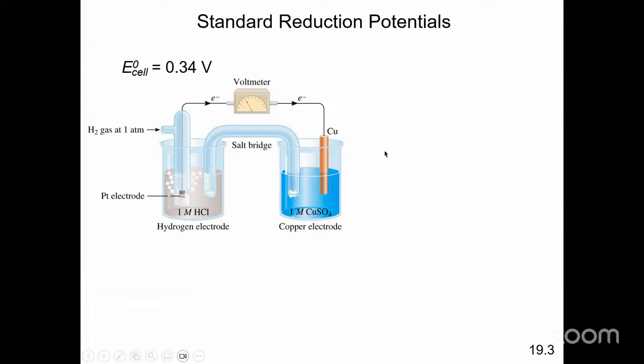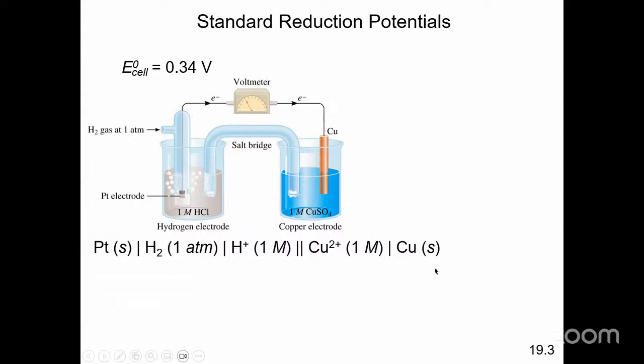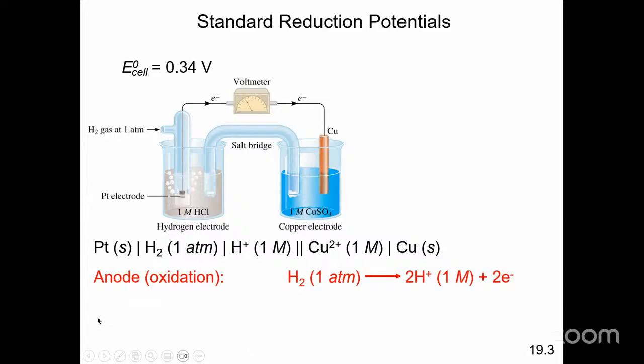So using the same idea, oh, by the way, this is the cell diagram, and they're showing you here the oxidation. Now, the oxidation reaction would be the reaction taking place here, which is the hydrogen forming H plus and 2 electrons. The reduction reaction is a reaction taking place in this half cell where you have the copper 2 plus reacting with the electrons to form the copper.